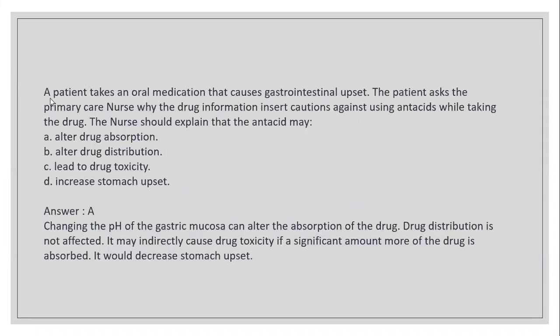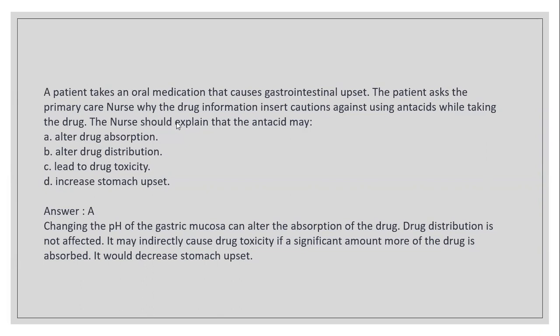Next question. A patient takes an oral medication that causes gastrointestinal upset. The patient asks the primary care nurse why the drug information insert cautions against using an antacid while taking the drug.